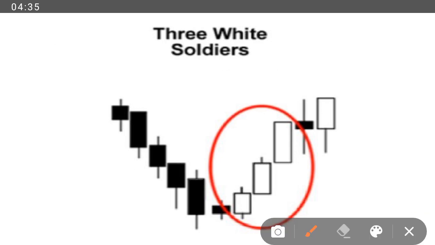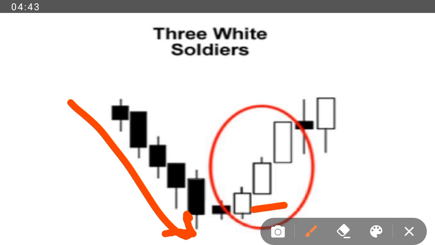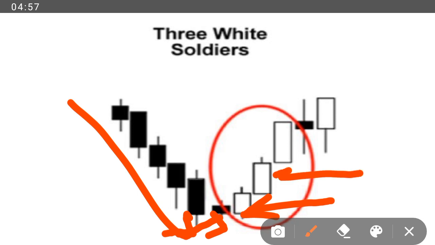See, there was an uptrend, a downtrend. Then suddenly, the first bullish candlestick appeared. It engulfed this. Then a second one appeared, bigger than the first one, and the close is not far from the high.